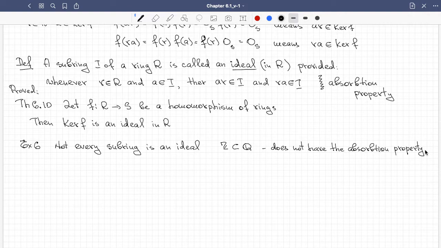Thus, ideals are very special subrings. It is easy to check, and the book does that.